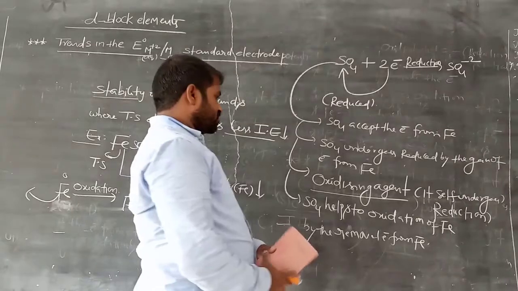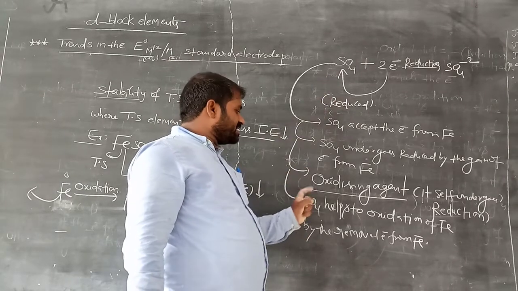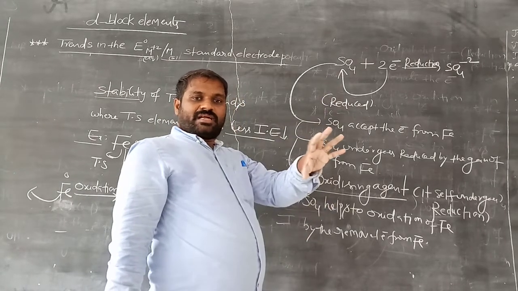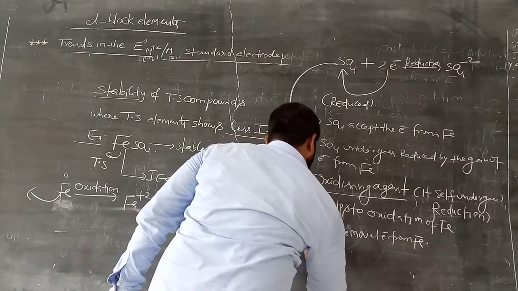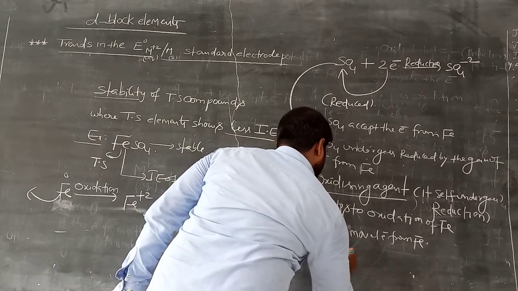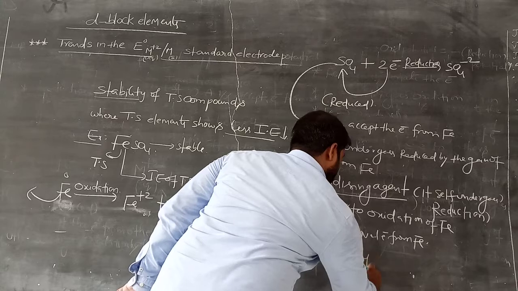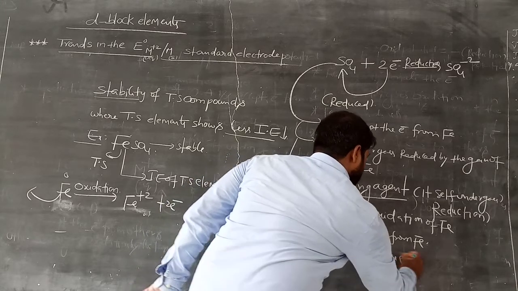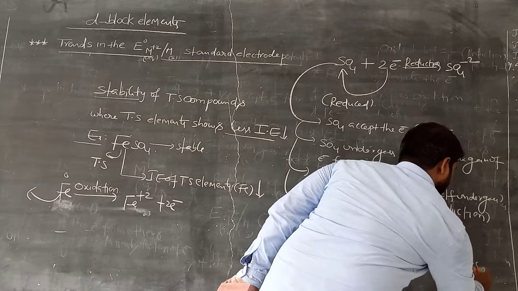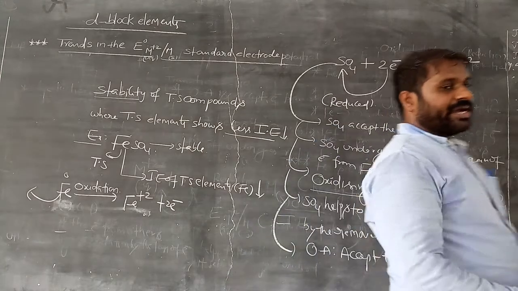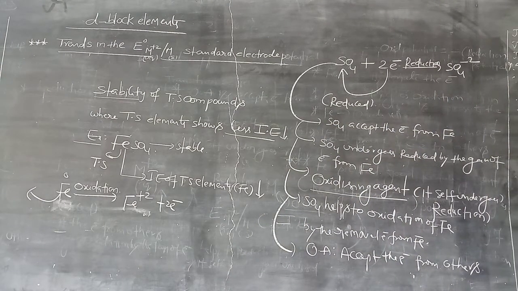Clear? So what is the main aim of an oxidizing agent? It removes the electron from others, it gains the electron from others. Simple. An oxidizing agent accepts electrons from others. A reducing agent donates electrons to other compounds. Then other compounds undergo reduction.